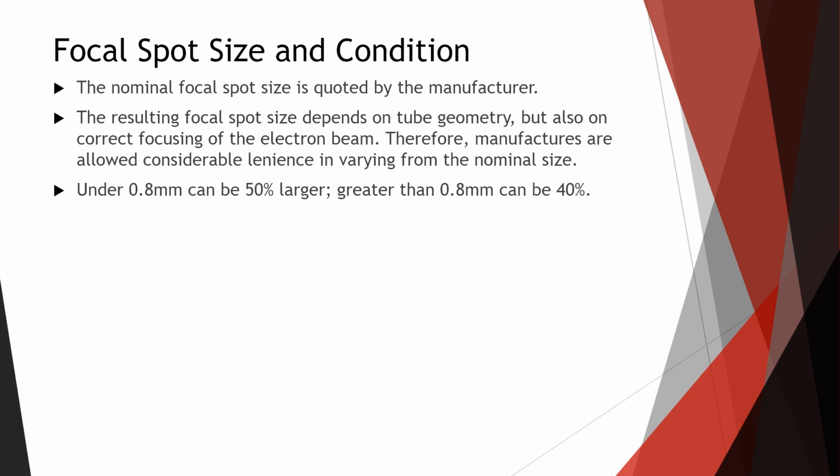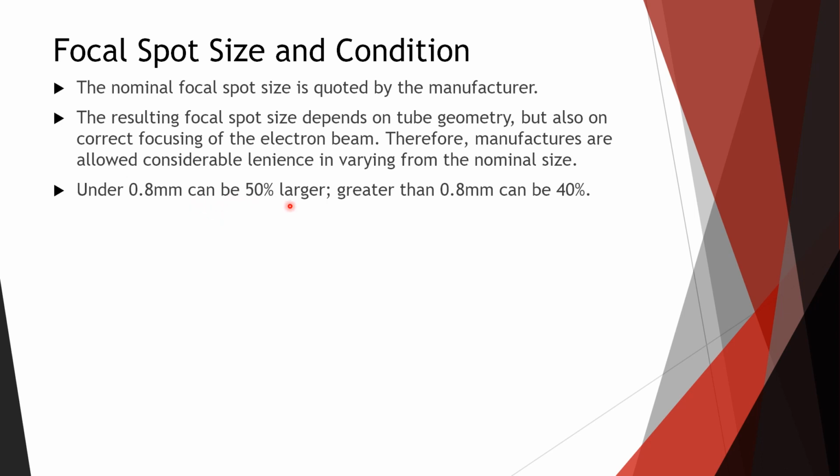Under 0.8 millimeters can be 50% larger. So 0.8 could be all the way up to 1.2, all the way down to 0.4, I suppose. It says larger. I don't know if that also counts for smaller, but let's just assume only 50% larger.